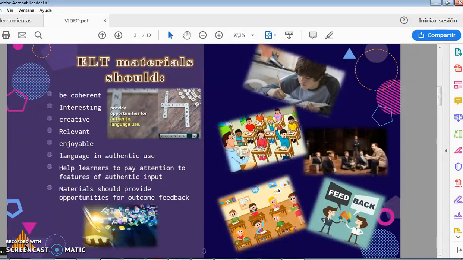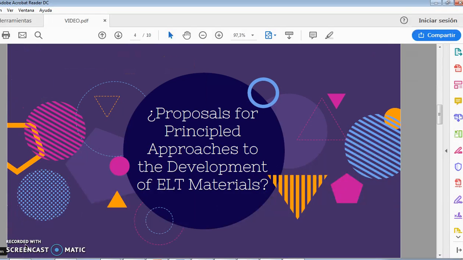The second question is, proposal for principal approaches to development of ELT materials.